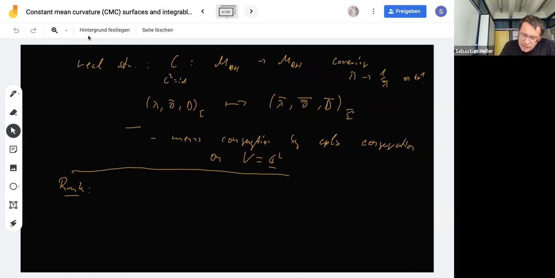There's an additional involution, let's call it N, which is the map from the Deligne moduli space to itself, which maps lambda, del bar, d on the Riemann surface sigma to minus lambda, del bar, minus d. So this is a well-defined map.